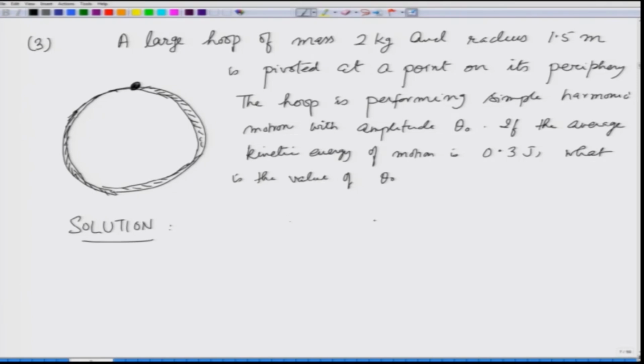The average kinetic energy would be time average, which is 1 by t integration dt of the kinetic energy, which is 1/2 I about the pivot point theta dot square. And let us see what this is.